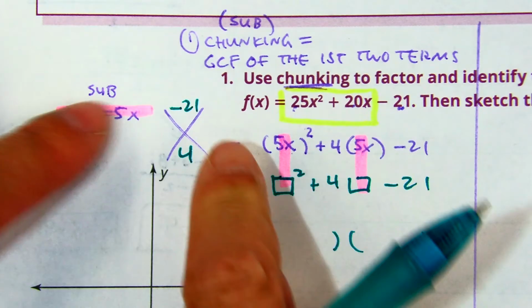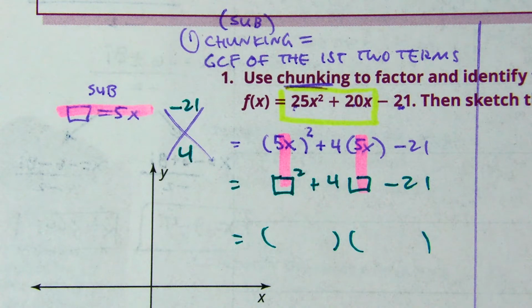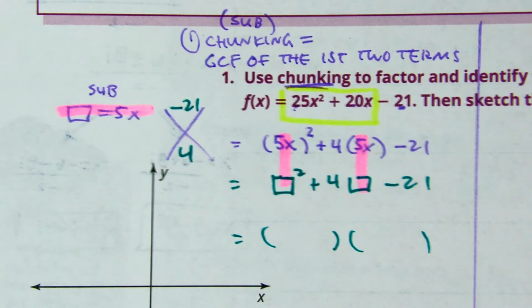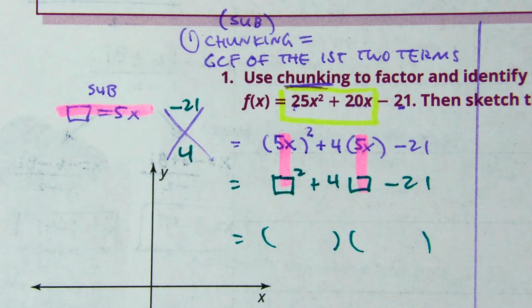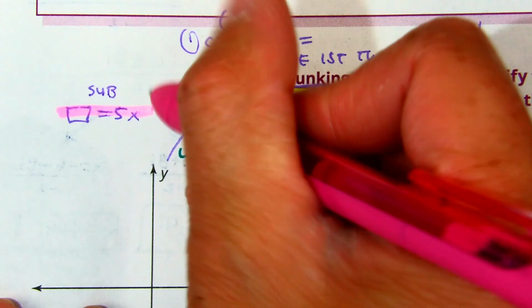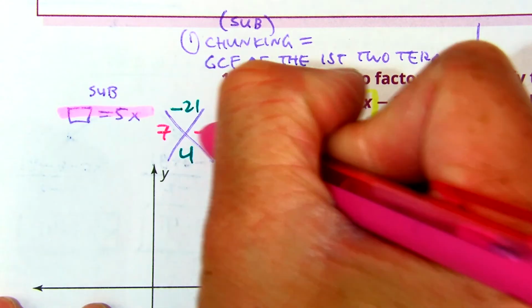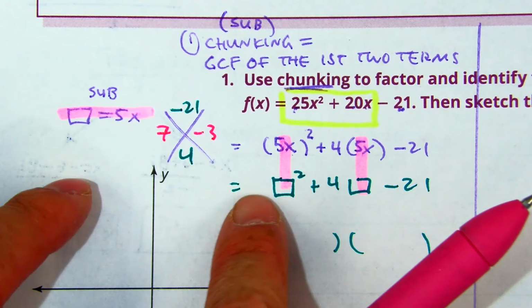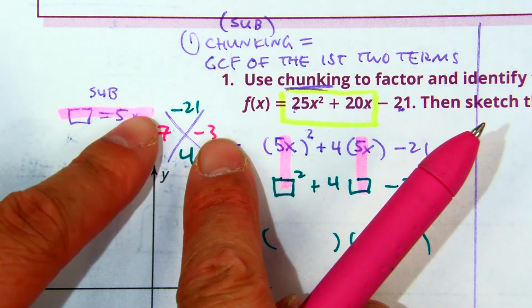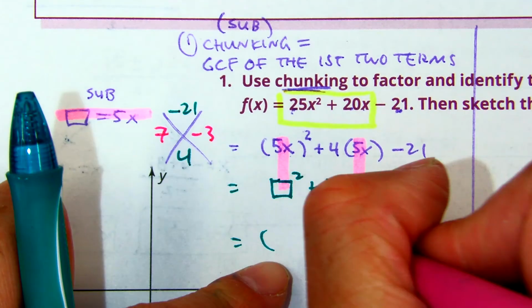What are the two numbers that go there? Tony? Yeah. 7 and -3. Because my A value is now equal to 1, pay attention, I can just put these two numbers in here, 7 and -3.